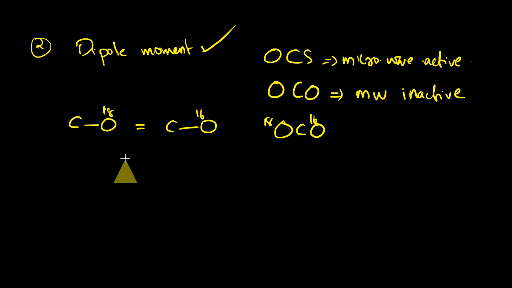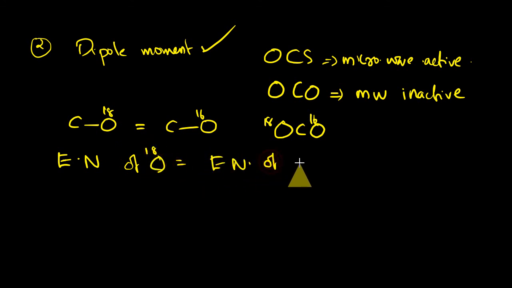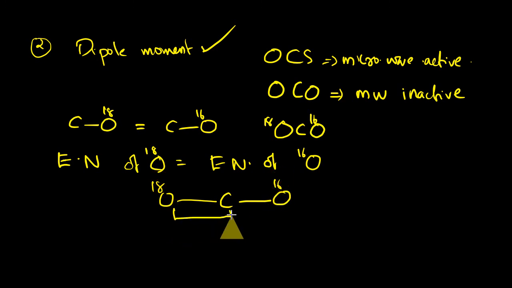And at the same time, the electronegativity of O18 is equal to the electronegativity of O16. So what will be the result? We have carbon here, then O18 and O16 attached at both sides of the carbon. O18 is here, O16 is here, and this distance is equal to this distance. Both will have the same bond length.